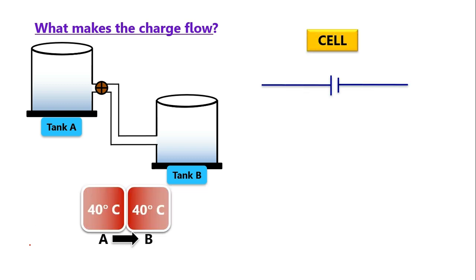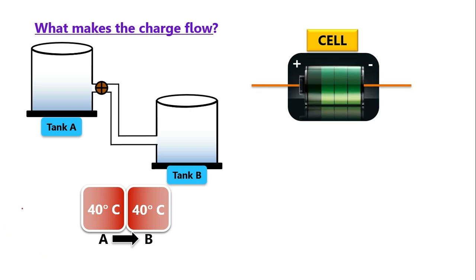Like that, we can see a cell or a battery. A battery is nothing but a combination of two or more cells together. A cell has two terminals, a positive terminal and a negative terminal. This is how the cell looks exactly, with charged particles.